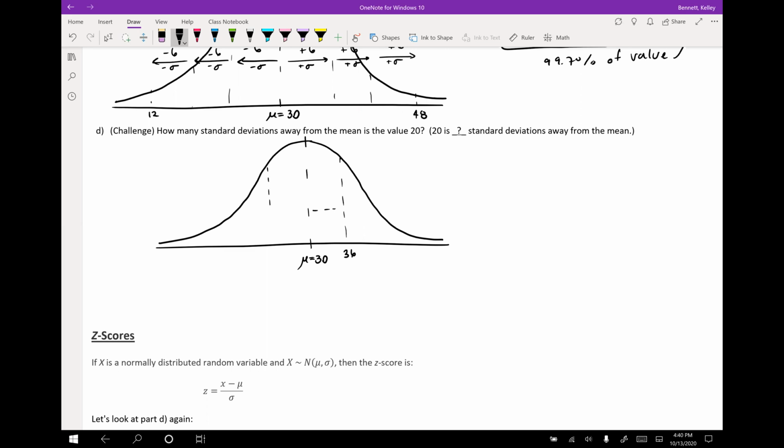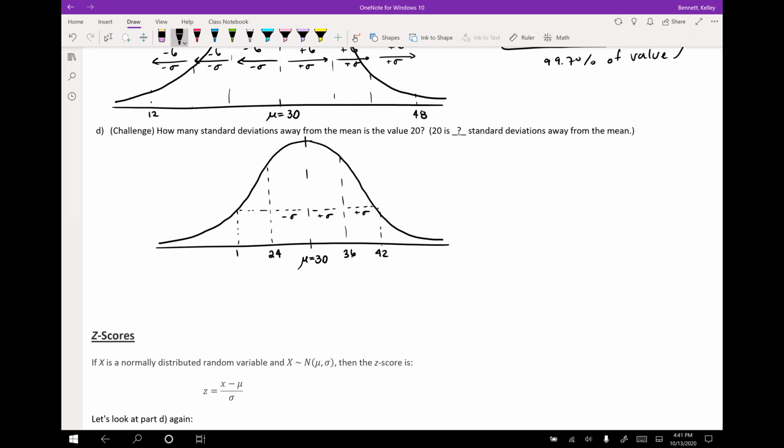I know that if I go down 1 standard deviation, I'll be at 24. I can kind of spread my wings a bit further here. I can go up another standard deviation, and that'll put me at 42. And I can also go down another standard deviation, and that'll put me at 18.